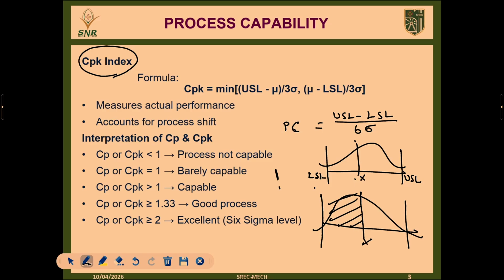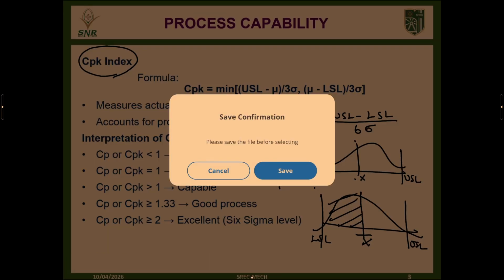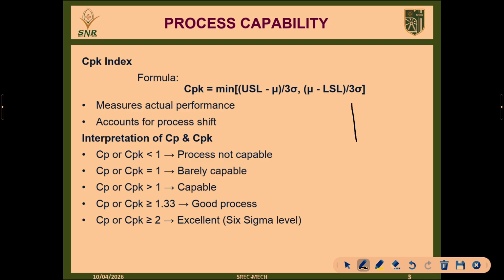Here it is X bar, this is lower specification limit, this is upper specification limit. This is the mean dimension.